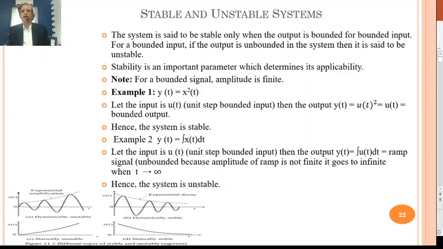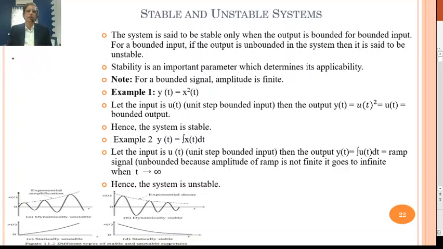Then the last type of system, the stable system and the unstable system. The system is said to be stable only when the output is bounded for the bounded input. Means if the input is bounded, then the output is bounded.